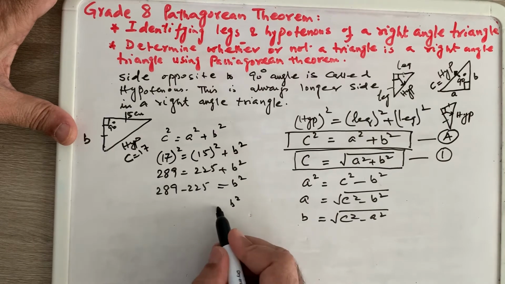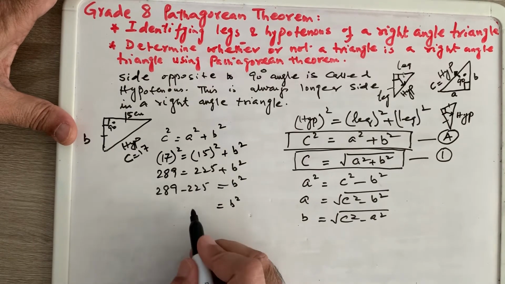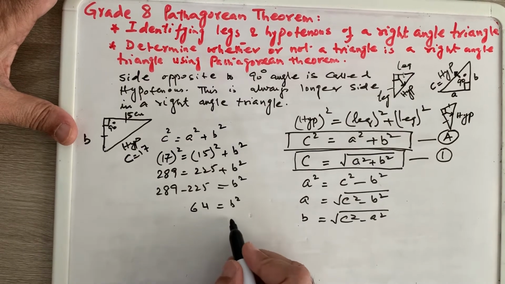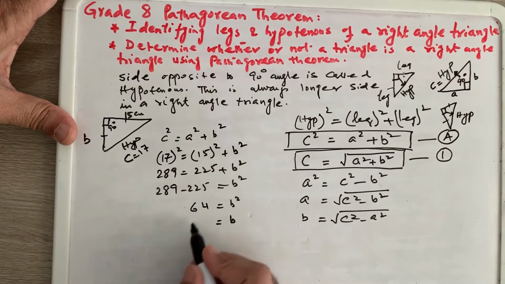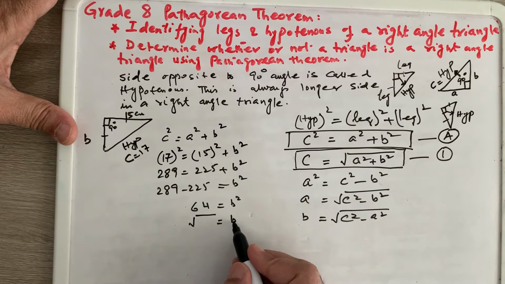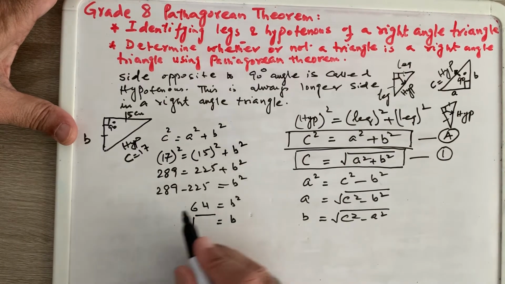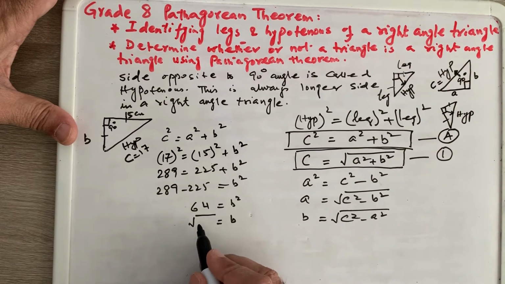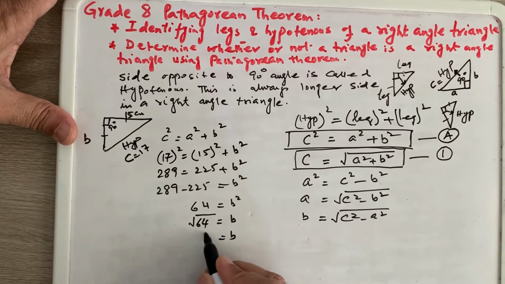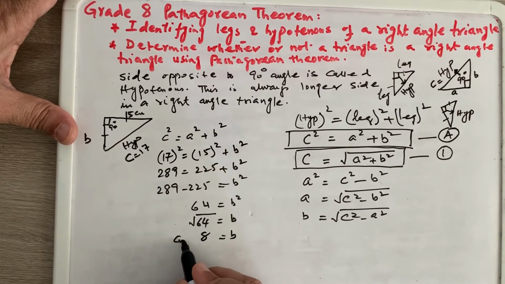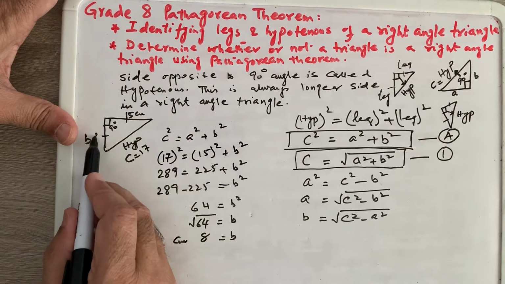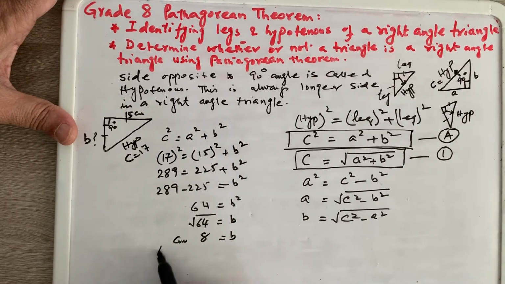So my b square, if we subtract, comes out as 64. And then I have to take the root, because I want to find b. So this square goes to the other side of the equation as the under root of that value, and the square root of 64 is 8 centimeter. So we have found that this b is 8 centimeter, and this is my answer.